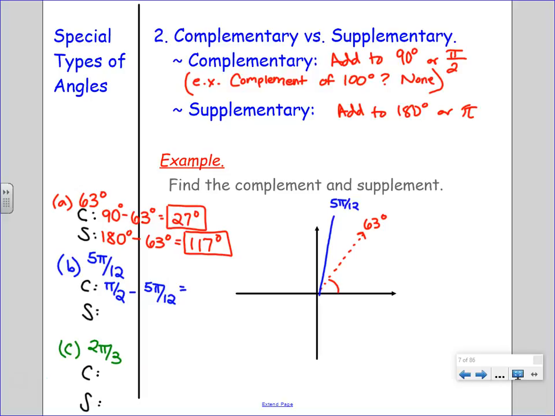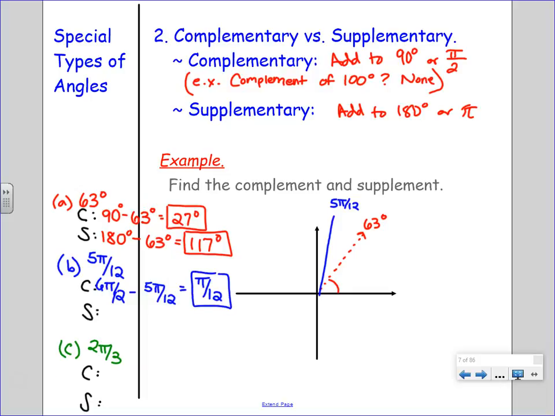But how many twelfths is 1/2? Well, if there are 12 pieces equally cut and you have half of them, how many pieces do you have? 6. Or if you multiply top and bottom by 6 to get 12, if you think about this as 6 pi over 12, well, how much easier is it now? With 6 twelfths, take away 5 twelfths. 1/12. And remember, that's a pi.